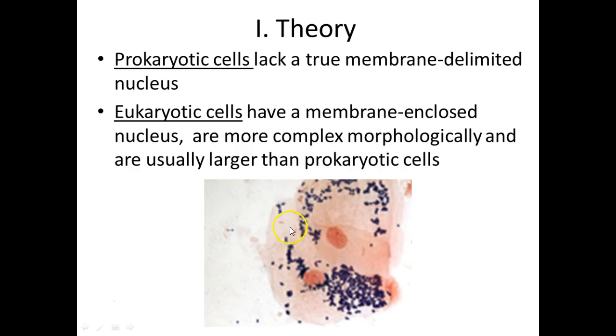You see the big pink cell here with the darker pink center? That's a eukaryote, probably a cheek cell. Okay? A squamous epithelial cell for any of you guys taking A&P. Right? So, here's one, and here's probably another one. Right? Another large pink cell with the nucleus here. So as you can see, as we've said, they tend to be much larger than the bacteria.